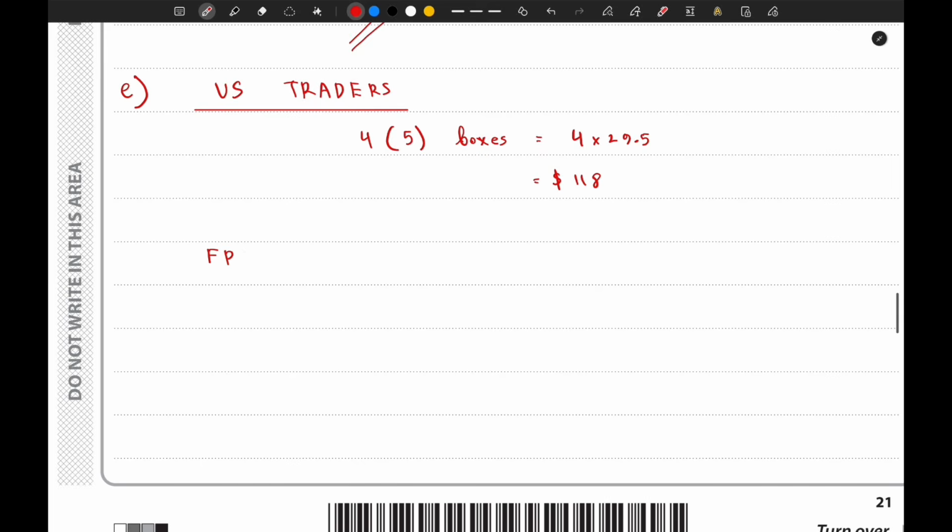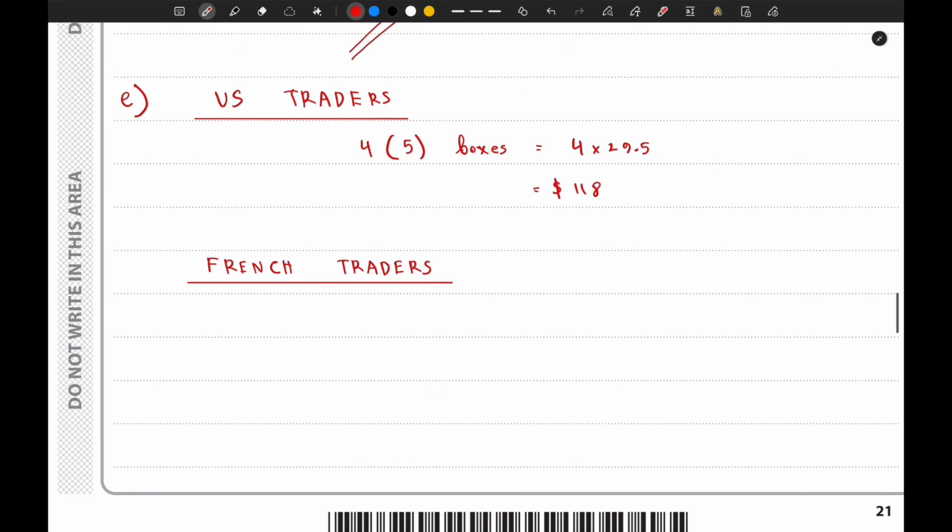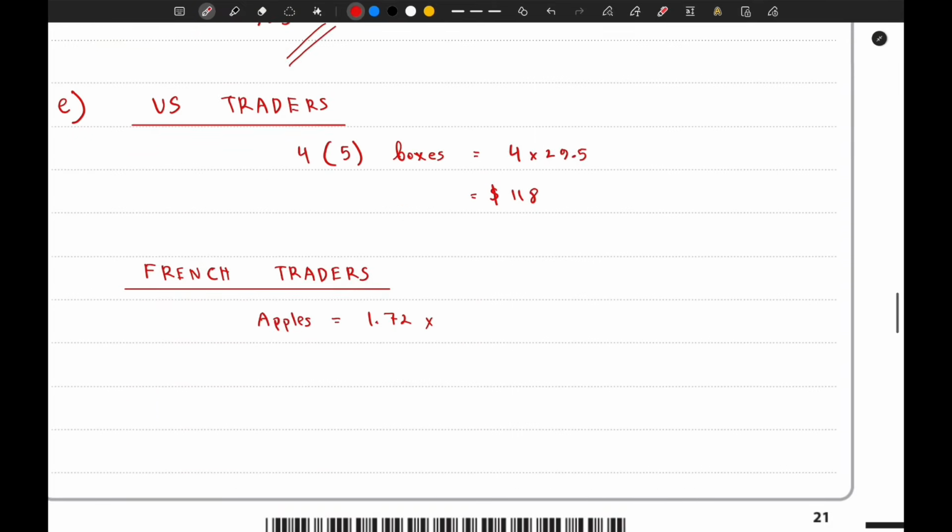So let's first find out the cost of apples only, which is 1.72 euros times 60 kilograms of apples. 1.72 times 60 gives us 103.2 euros. That's only the cost of apples.